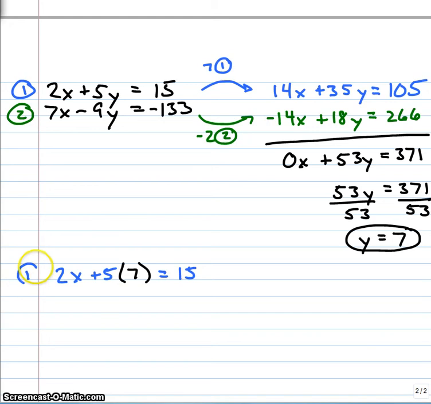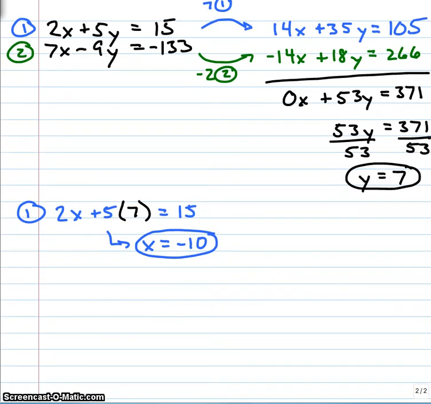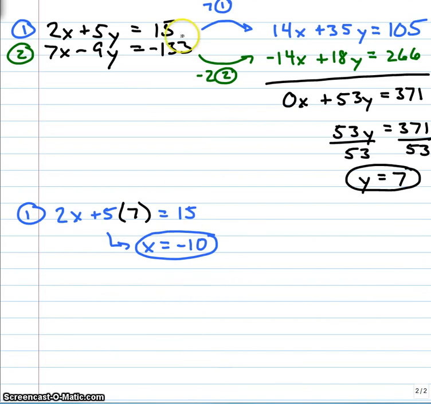And again, I'm using equation number 1, so I'm just practicing good record keeping here. And if I solve this for x, x will give me negative 10. I circle these guys to draw my reader's attention to that part of the answer, and so my final answer is going to be negative 10, comma 7.